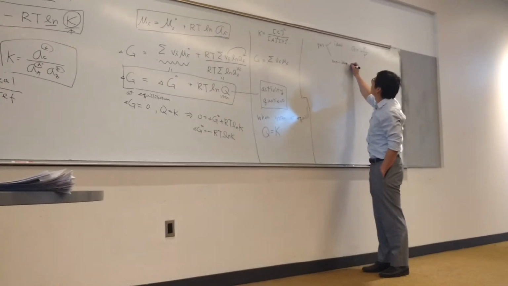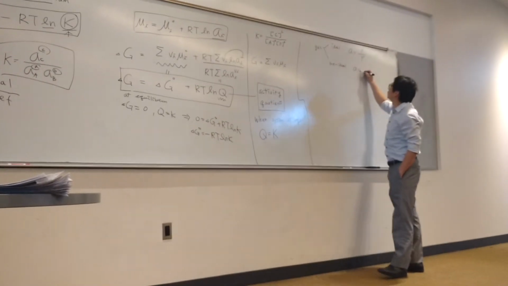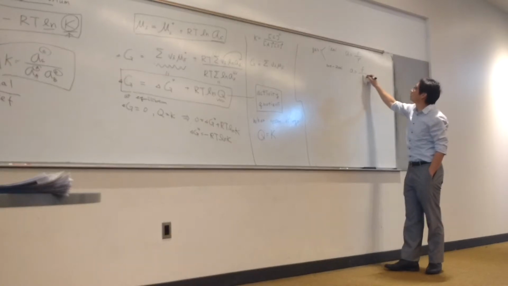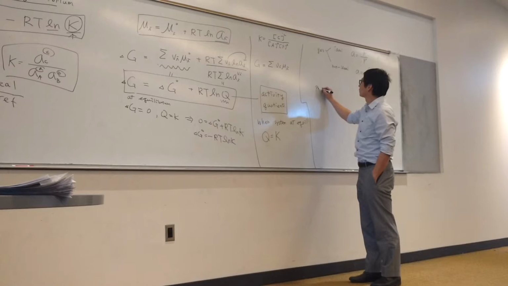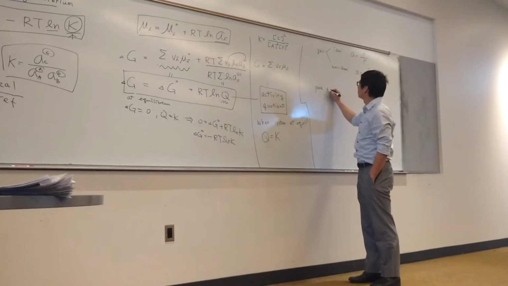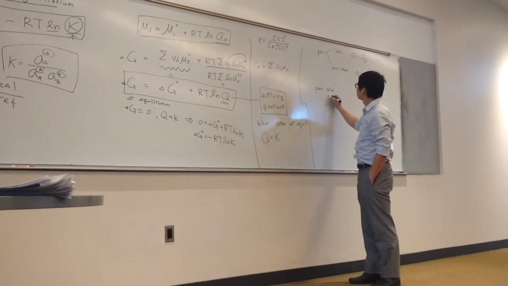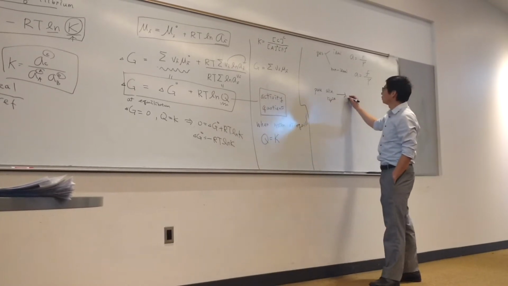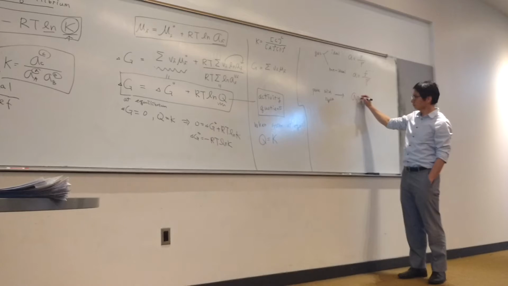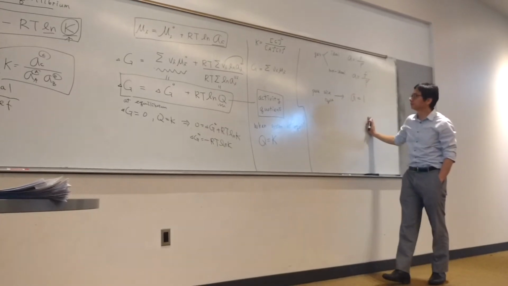For non-ideal gas, your a is going to equal your gas fugacity over P naught. For the pure liquid, pure solid, the a is just equal to 1.